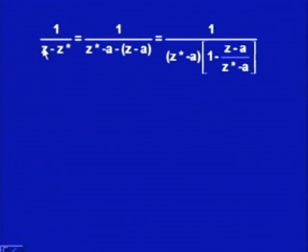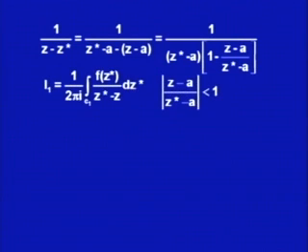Now, to evaluate these 2 integrals, I will write 1 upon z minus z star as 1 upon z star minus a, by adding and subtracting a in the denominator, and then z star minus a is taken outside and we will have 1 minus (z minus a) divided by (z star minus a).